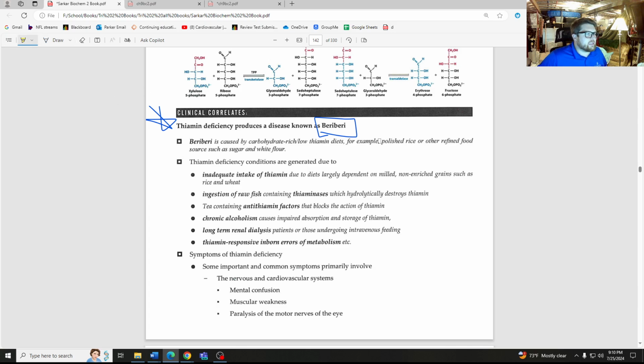This was what you guys did recently as a little 5-question group activity, talking about how in places like Asian countries where they eat a ton of rice, especially polished white rice, they had to start adding thiamine powder. This is kind of where the big debate, do you wash your rice or not, comes from, where they say, hey, wash your rice until it runs clear.